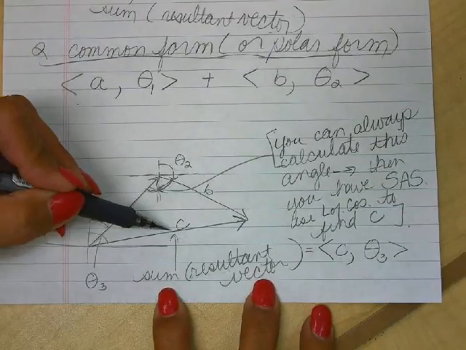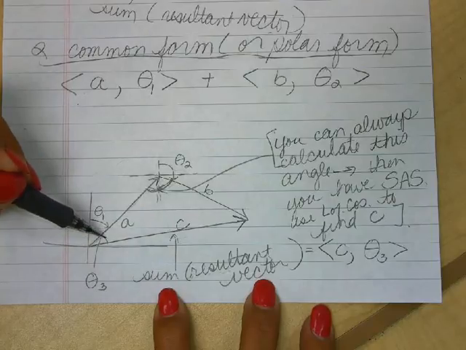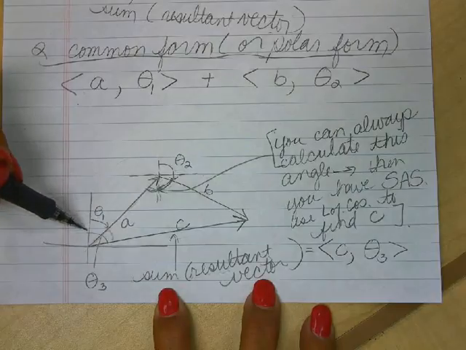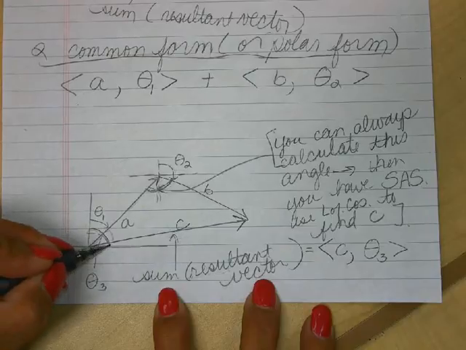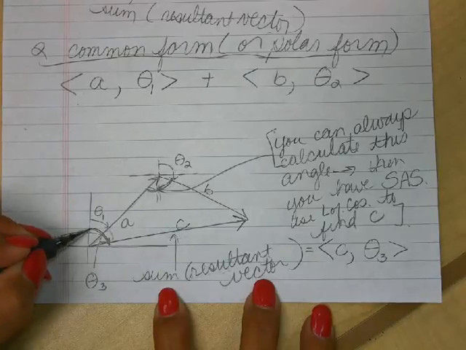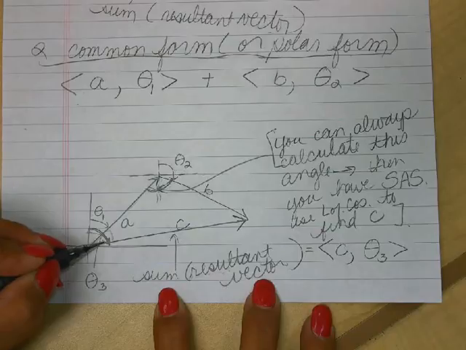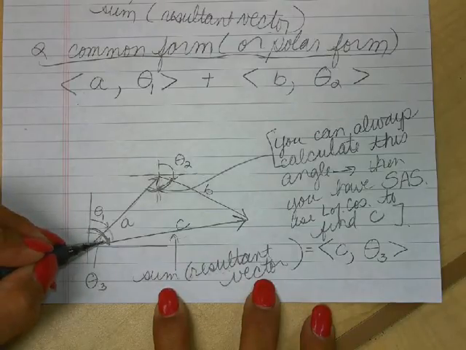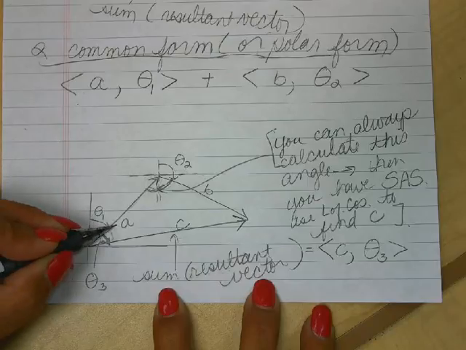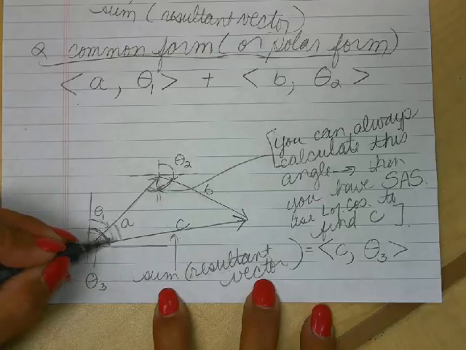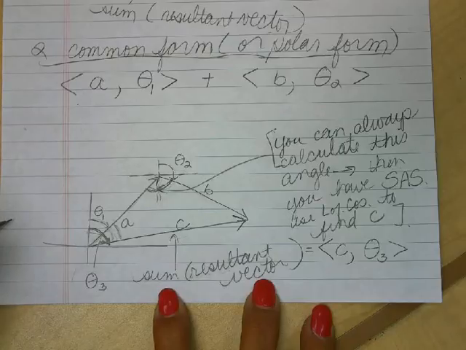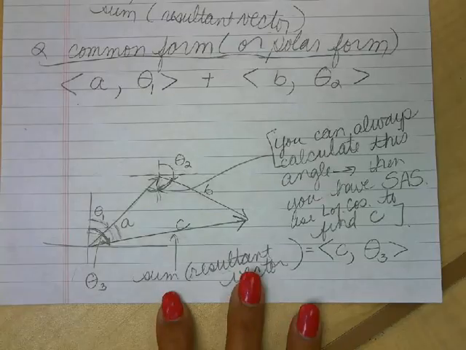And so I could use law of cosines to find this, and then I have a choice as far as determining this final angle here, as I labeled it as theta sub 3. This would be the bearing of that vector from the north to the direction it's pointing, and I would always be able to use a law of sines or possibly a law of cosines in order to determine this part of the angle, which in turn I could do a little bit of arithmetic and some analysis to determine what the final bearing is.